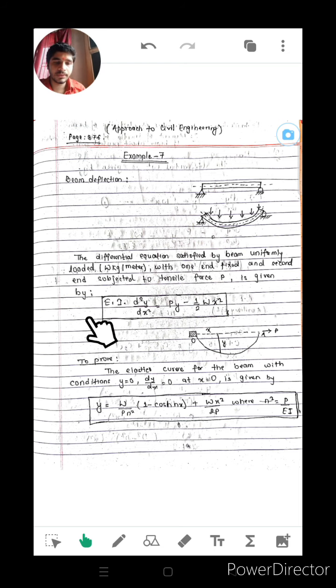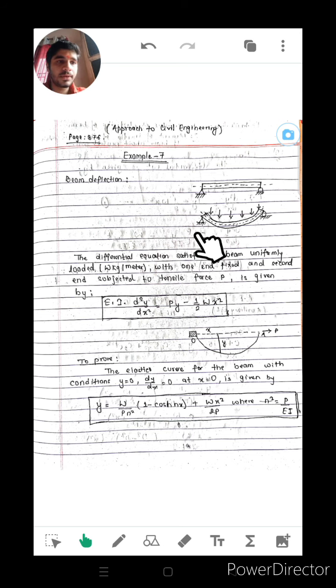Here E is the modulus of elasticity, I is the moment of inertia of the cross section of the beam about its neutral axis, and P is the tensile force, acting right here.